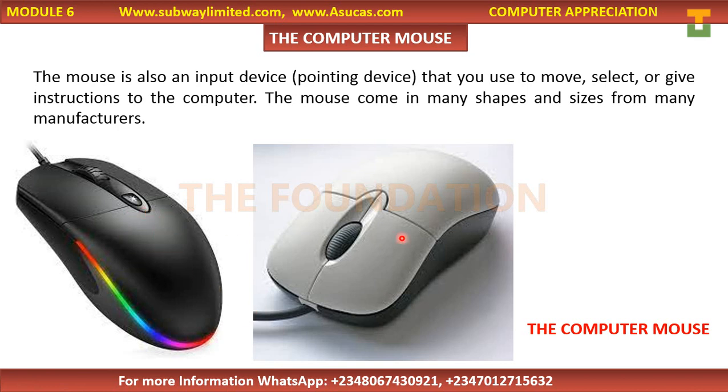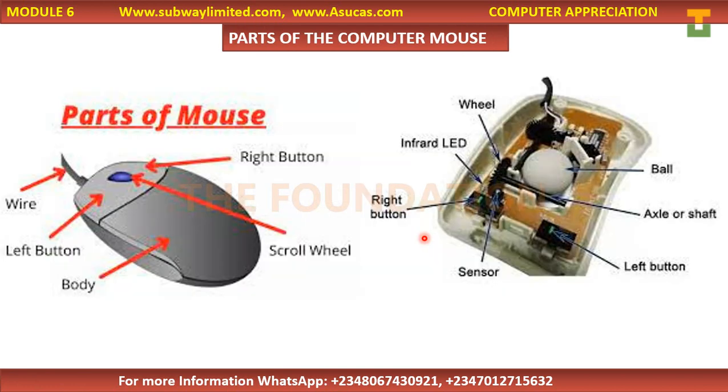They are very neat, very clean. We want to take a closer look at the parts of the computer mouse. The truth of the matter is, the foundation of anything is what will determine how far that thing will go. I don't just teach for teaching's sake.